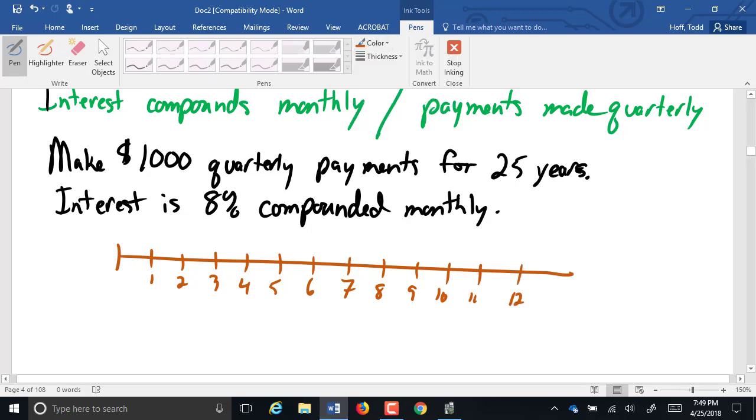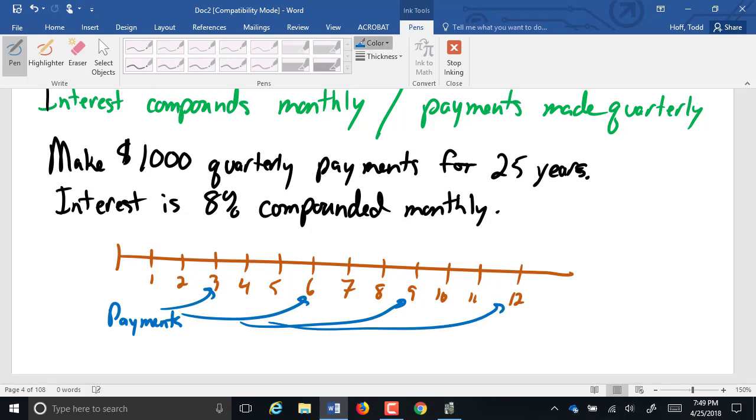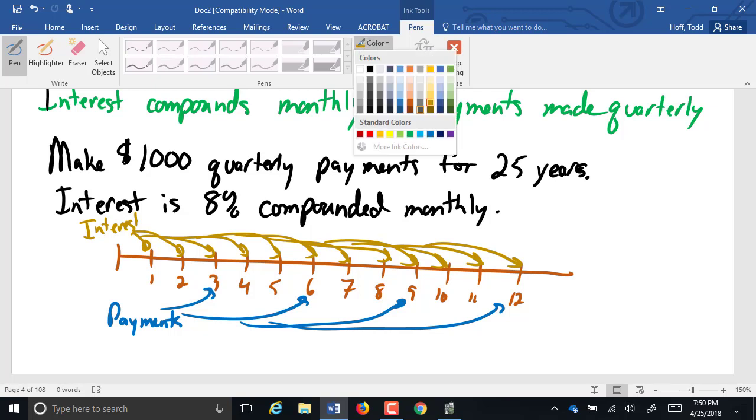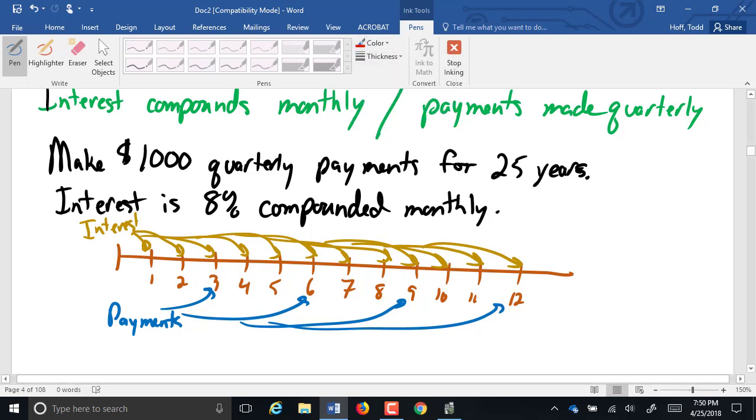Now payments are only going in every quarter, but interest is being earned every month. This is one that looks just really tricky and ugly at first, but it's not as bad as it looks.